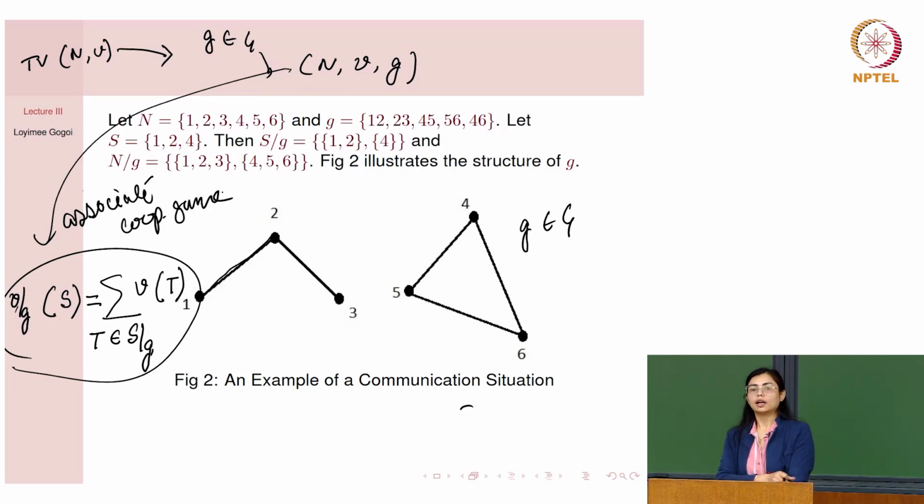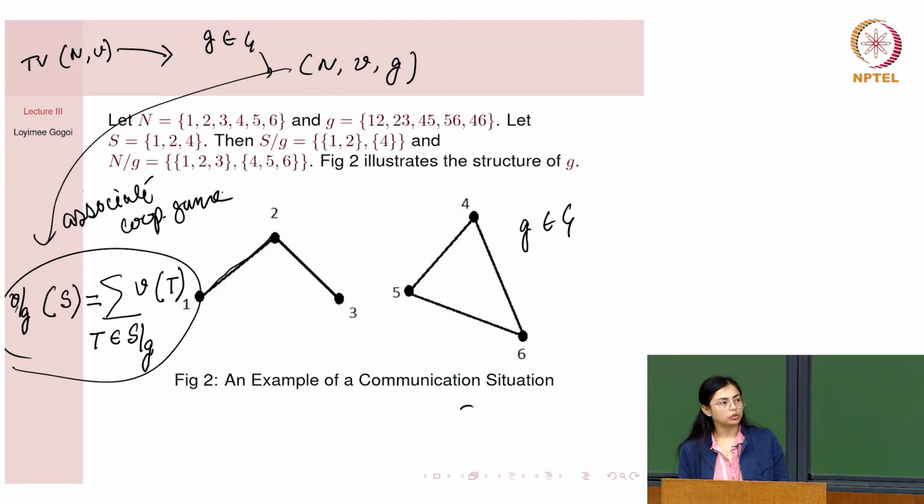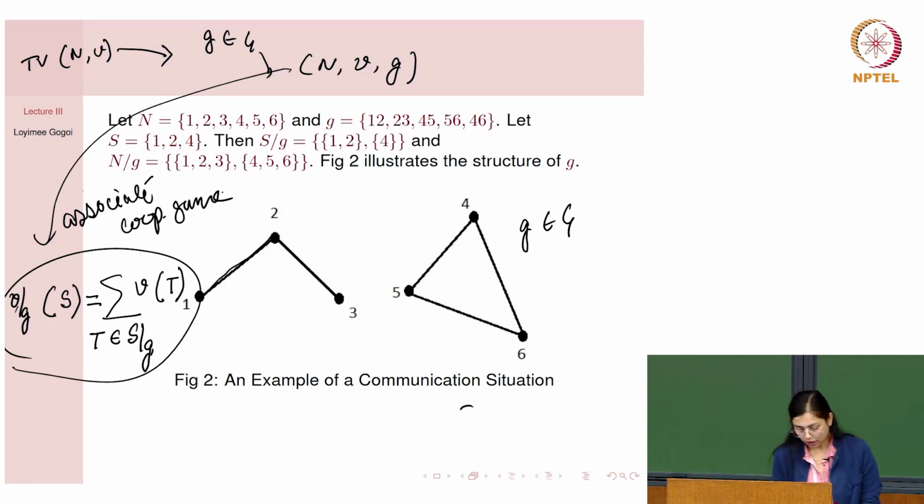So now this is a cooperative game. Here we can introduce the allocation rule of the cooperative game. So what is one allocation rule? We can consider the Shapley value.